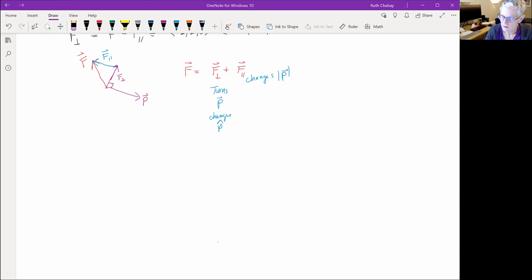Now, if we took the dot product F dot P, that would give us the magnitude of F times the magnitude of P times the cosine of the angle theta between them, and this angle theta is that angle. But we don't want the magnitude of P in here, because we're trying to find something that contributes to F. Okay, so this is undesirable.